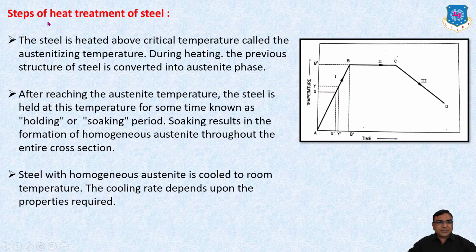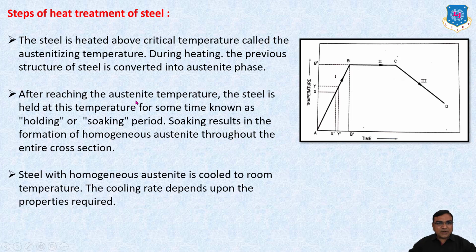Steps of heat treatment of steel. The steel is heated above the critical temperature, called the austenitizing temperature. During heating, the previous structure of steel is converted into the austenite phase. In this diagram, you can see a graph of temperature versus time. From A to B is the heating of the material.